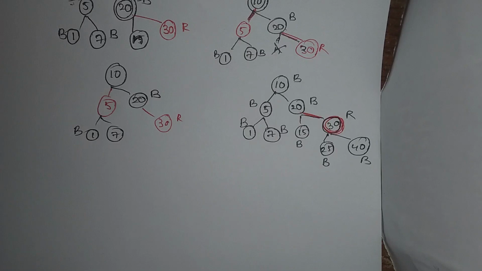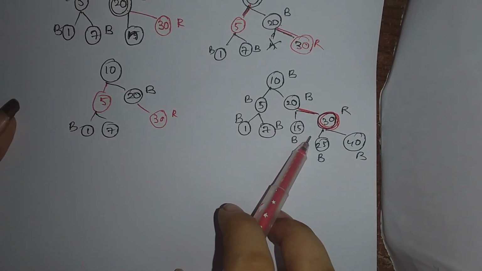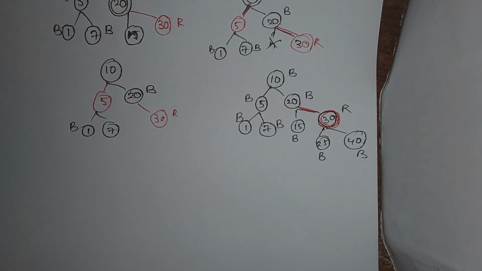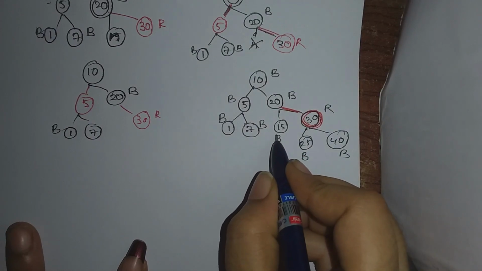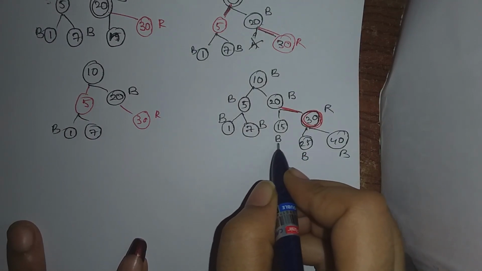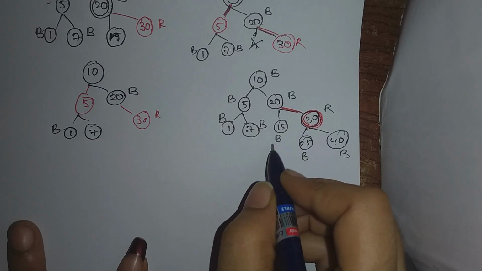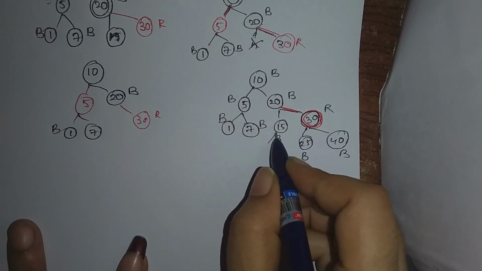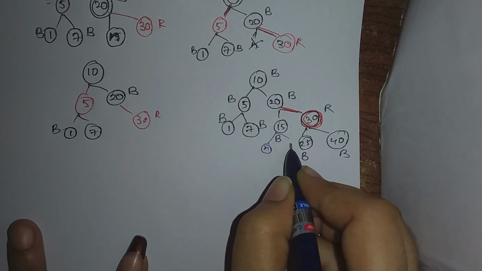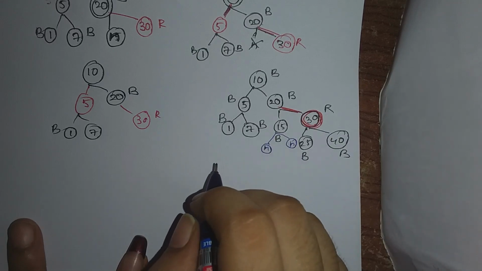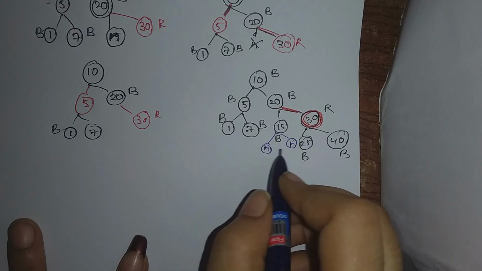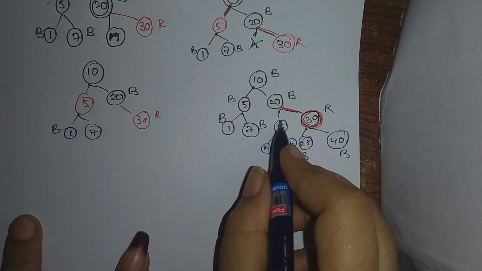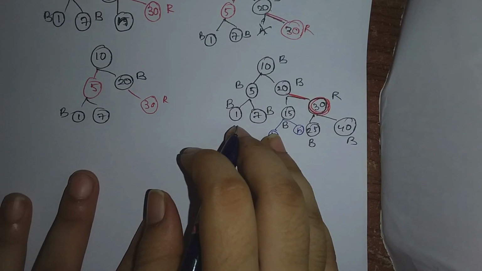Now consider another example. Let us delete this 15, which is in black color. It contains two nil children, which are black. Both of these nil children combine into a single double black nil after deletion of the 15th element.